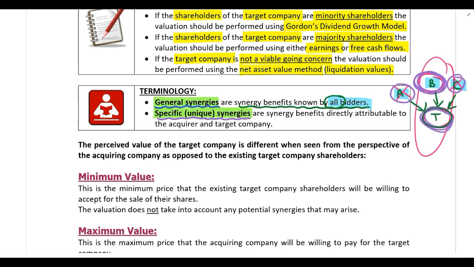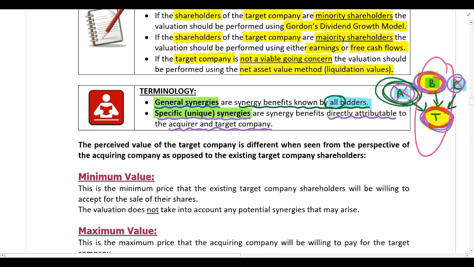On the other hand, if it is specific or unique, then it is directly attributable to the acquirer and target company. So in other words, it's a synergy benefit that will only arise if Company B buys the shares in the target company. A specific synergy will not arise if Company A buys those shares in the target company.